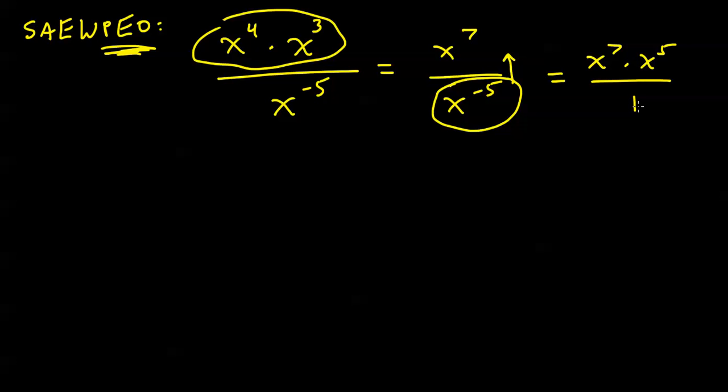When I move everything else gone, our invisible 1 appears in my denominator. Of course, dividing by 1 is redundant, so I'll get x to the 7th times x to the 5th, and that's x to the 12th as a completely simplified answer with positive exponents only.